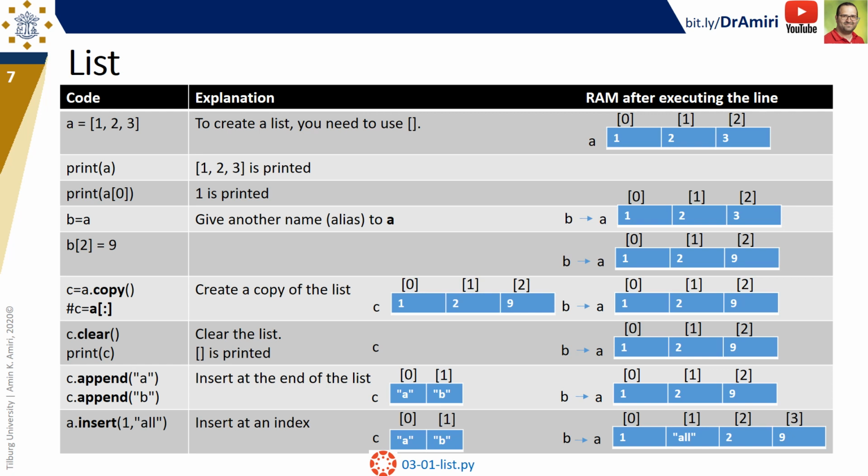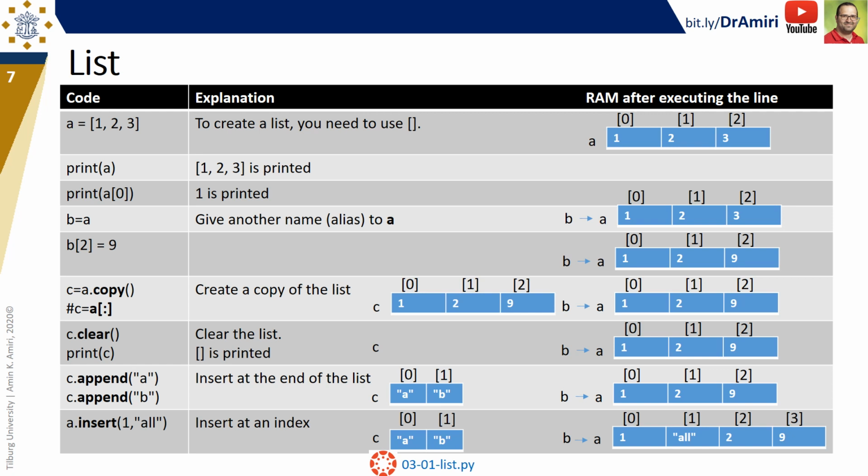You can also choose where you want to insert a new number, a new element, using the insert method. You can see here that insert gets an index as its first argument. Here it's 1. That means what is going to be given should be stored in storage number 1.